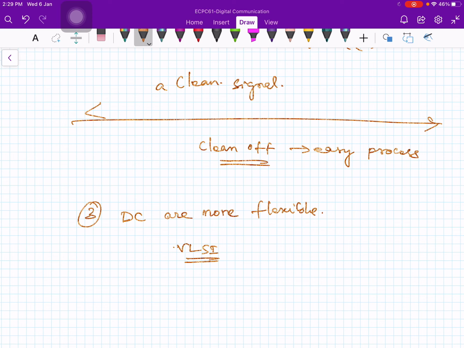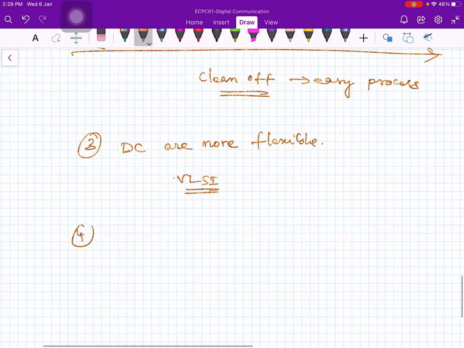It is much easier to exploit these advantages if you do things in the digital communication form rather than the analog domain. So that is the flexibility aspect. And the fourth advantage is channel coding and coding for privacy.